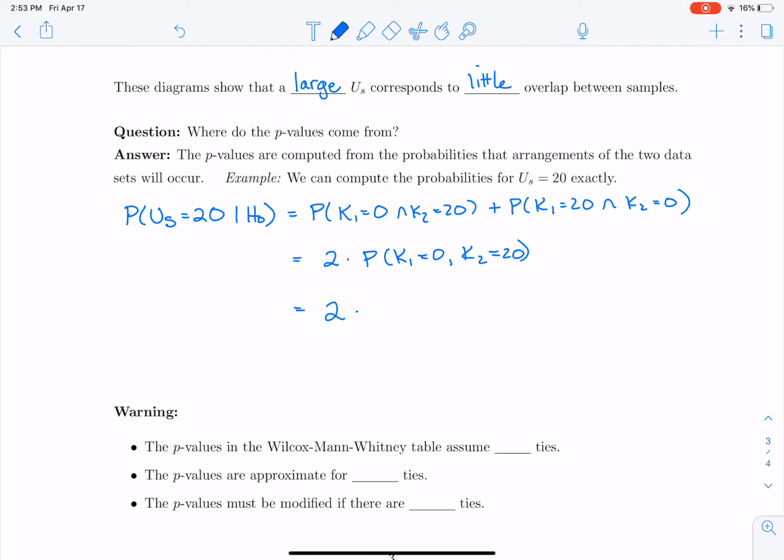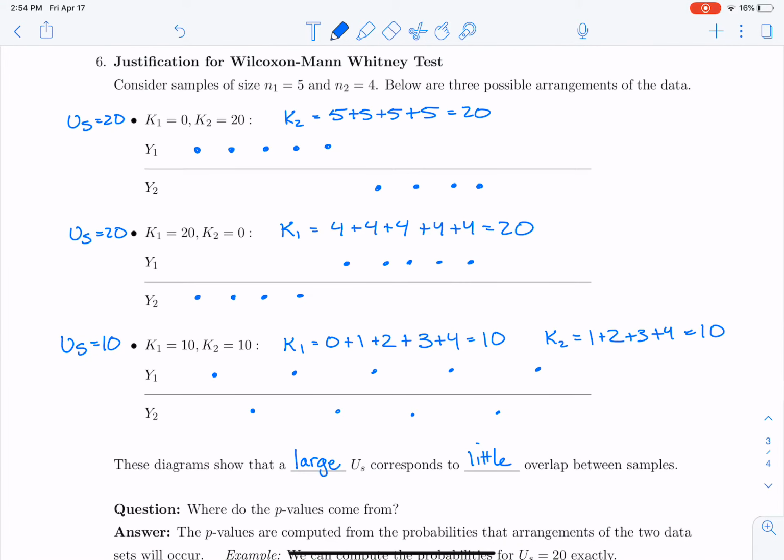Well, there's only one arrangement in which K1 is 0 and K2 is 20. We saw that up here. It's this arrangement right here. That's the only way we can arrange the data points and get that result.